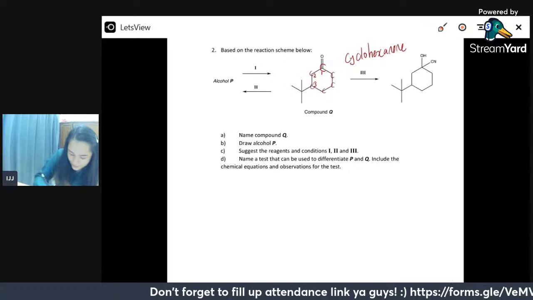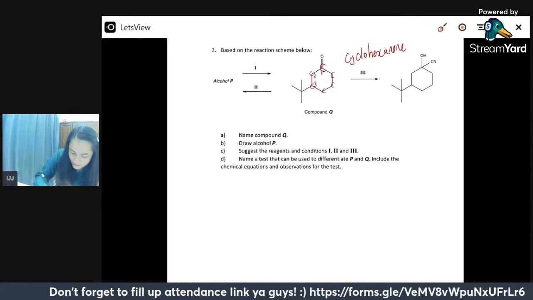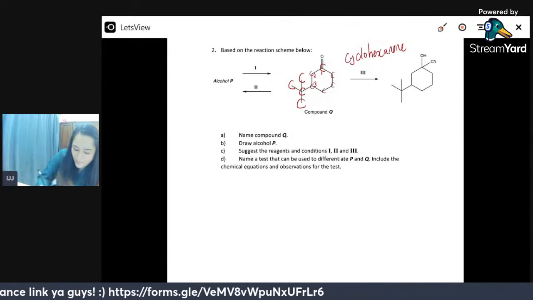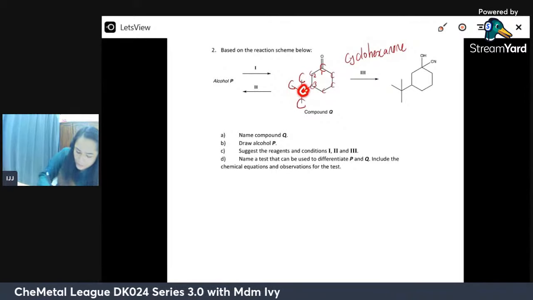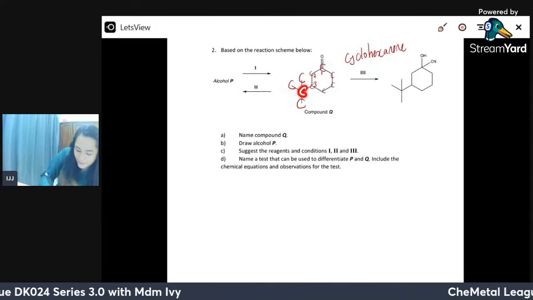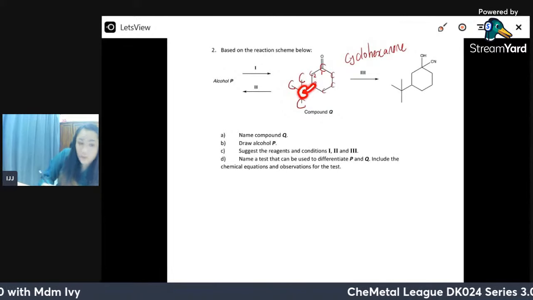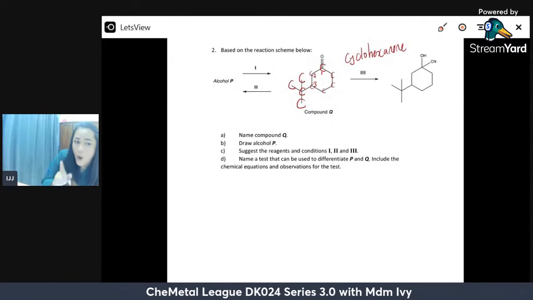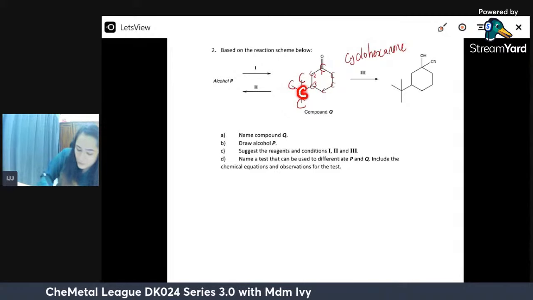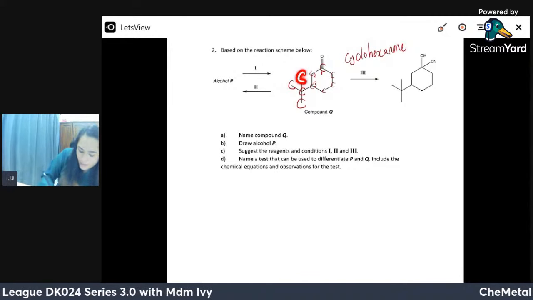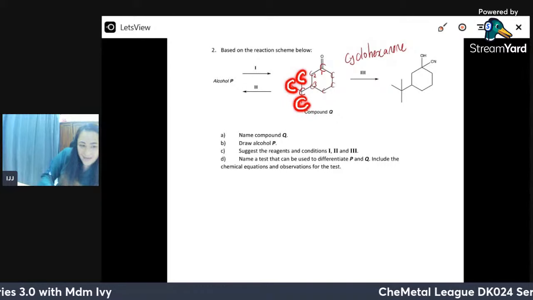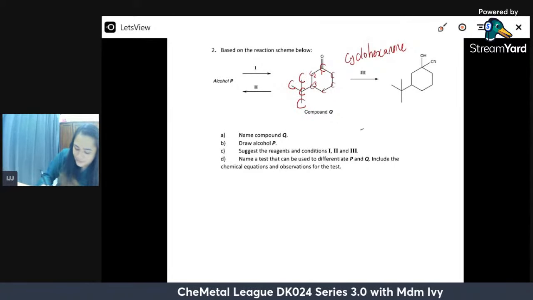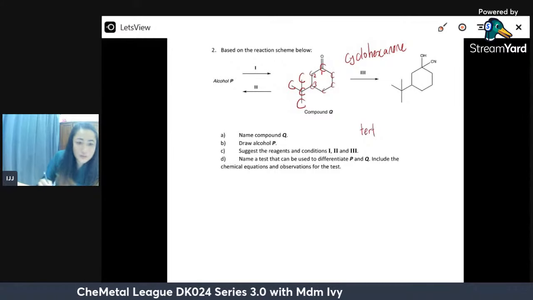Kamu tengok ni ya. Okay, ni madam ajar kamu. Kalau kamu tengok, the carbon that directly bonded to the ring, this carbon that directly bonded to the parent, this is actually a tertiary carbon. Why do you call it a tertiary carbon? You look, it bonded to 1, 2, 3. It bonded to 3 carbon. So nama dia memang tert, tert tu maksudnya tertiary.